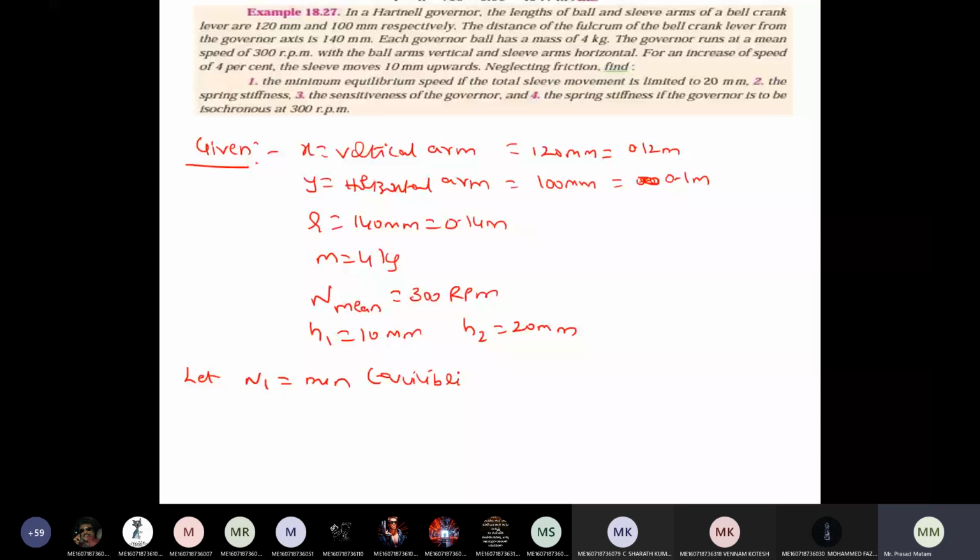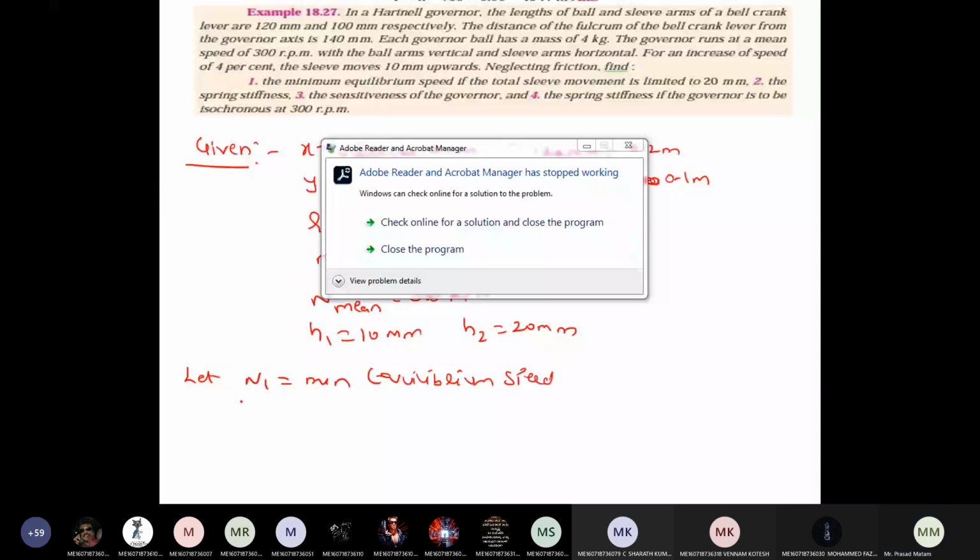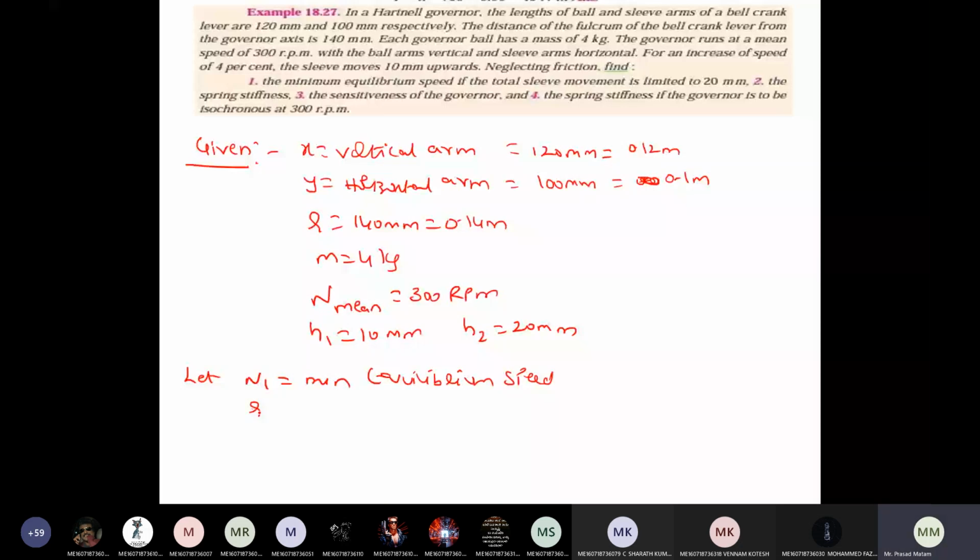R1 is the radius of rotation at the minimum position. R2 is the radius of rotation at the maximum position. I'm writing here, R1 is the minimum radius of rotation, R2 is the maximum radius of rotation.